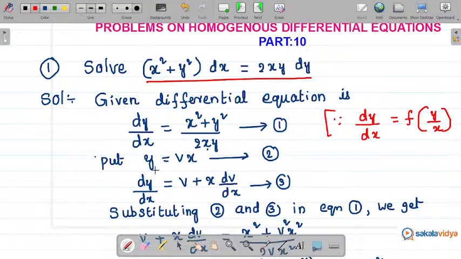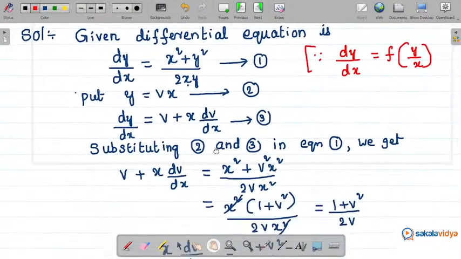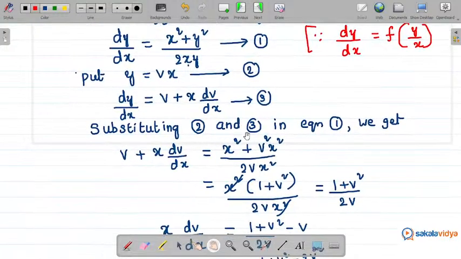Now put y is equal to vx. Differentiating on both sides, dy by dx is equal to v plus x into dv by dx. Substituting these values 2 and 3 in equation 1, in the place of dy by dx we get v plus x dv by dx is equal to x square plus, in the place of y, vx, that is vx whole square, means v square x square, by 2x into vx, that is 2v x square.